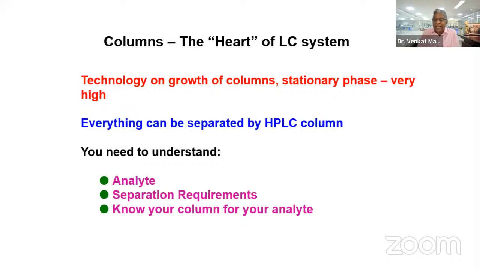Once you understand the interaction, what the various columns available are, and what kind of application I am looking for, you can choose the right column, and you can develop the right method of analysis, so that all the possible components can be separated.